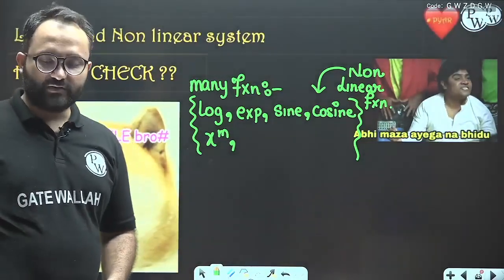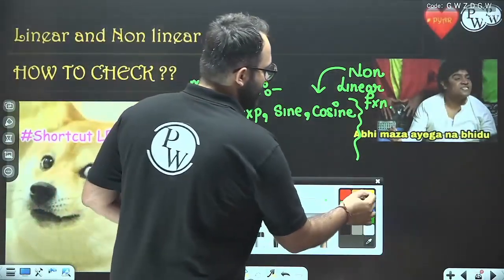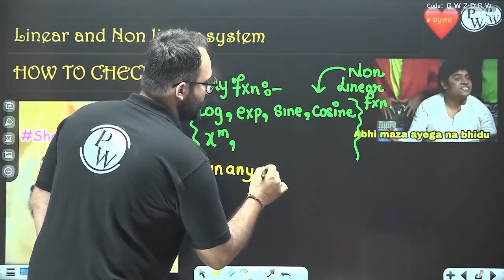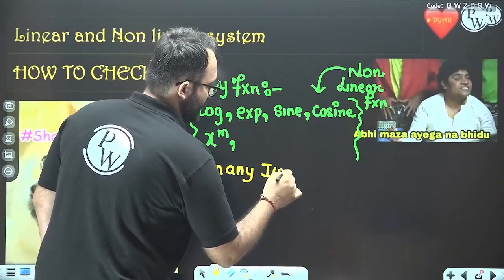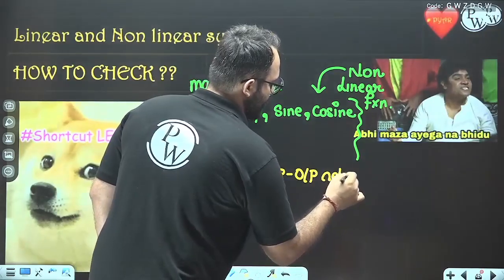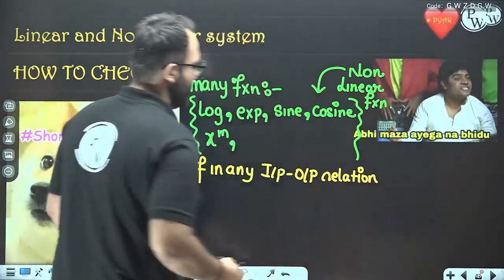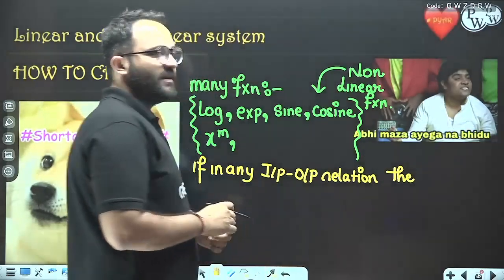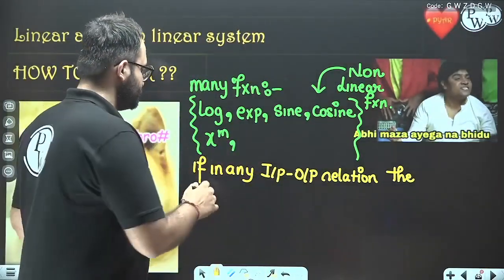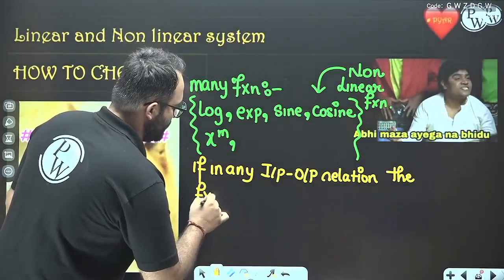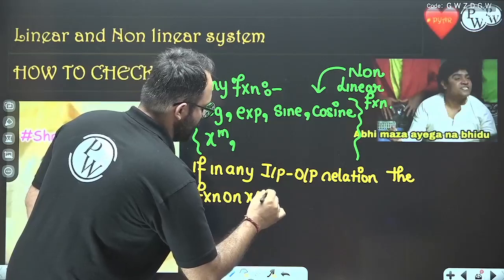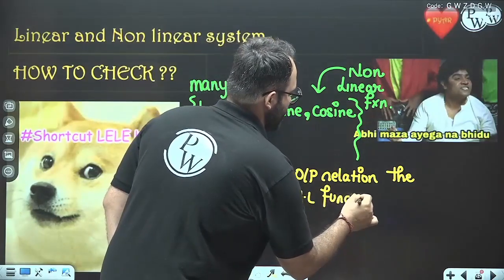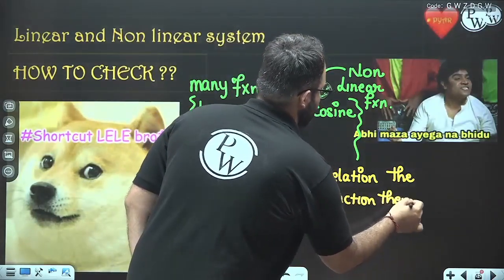So why am I telling you this? This is because if in any input output relationship the function on x(t) is a non-linear function, then the system is non-linear.